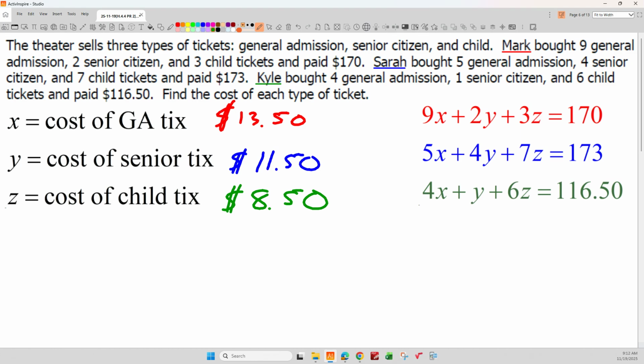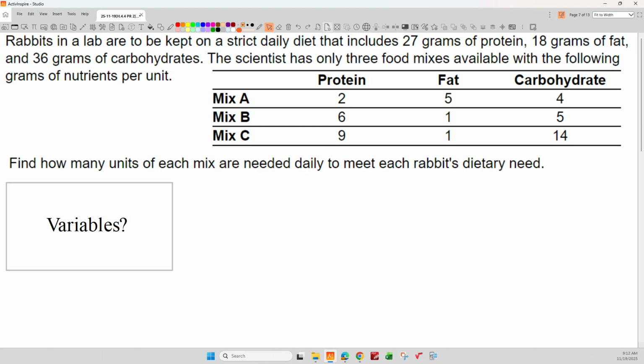How we doing? Good? All right. Okay, this one's a little tougher. I think it's a little tougher. Go.